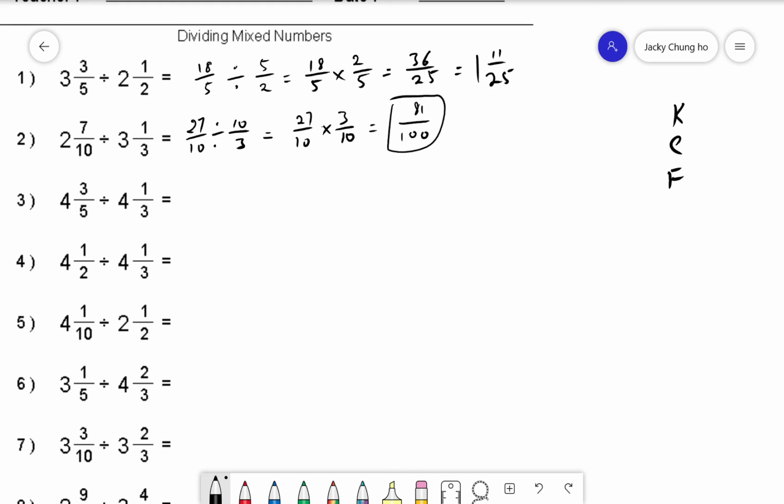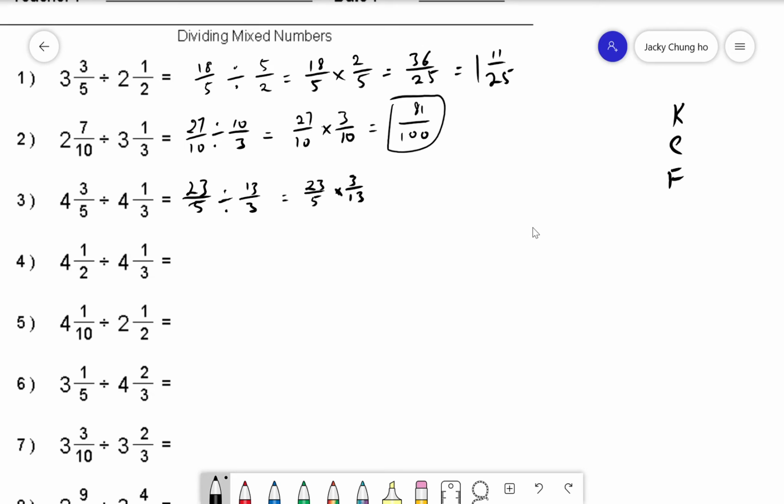Number 3, you have 4 and 3 over 5 divided by 4 and 1/3. So convert it to improper form. 23 over 5 divided by 4 and 1/3, that will be 13 over 3. That is the same as 23 over 5 times 3 over 13.